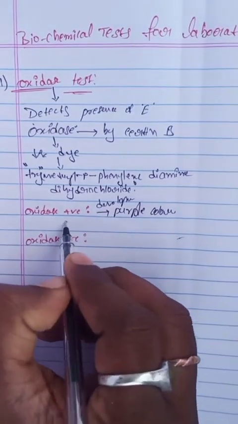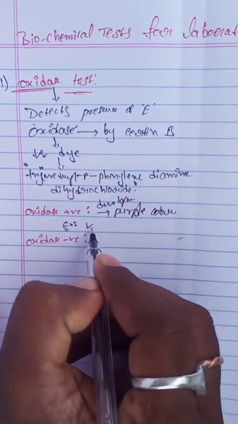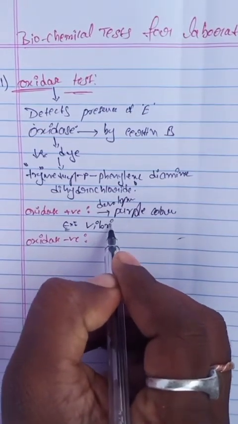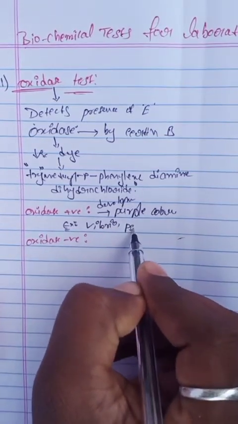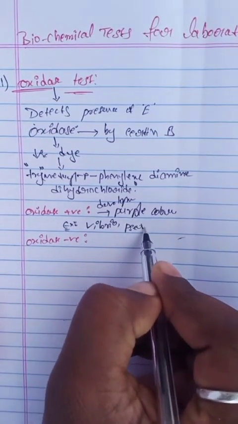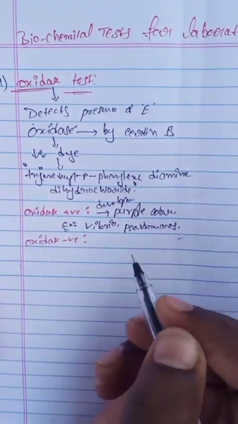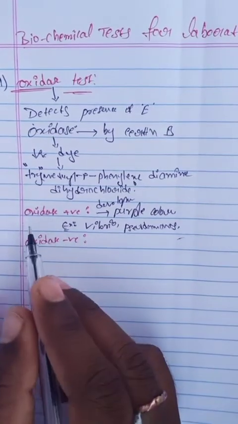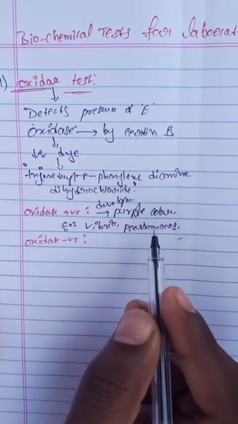Examples of positive oxidase test are Vibrio cholerae and Pseudomonas. Oxidase positive means the result is the development of purple color.